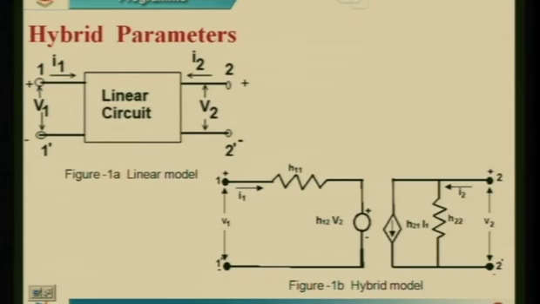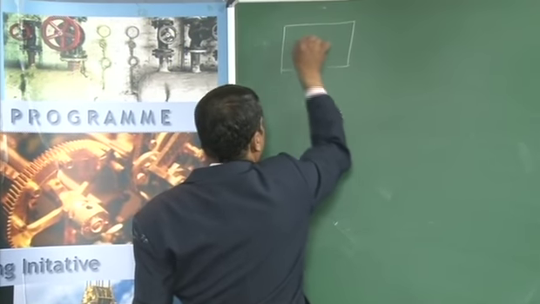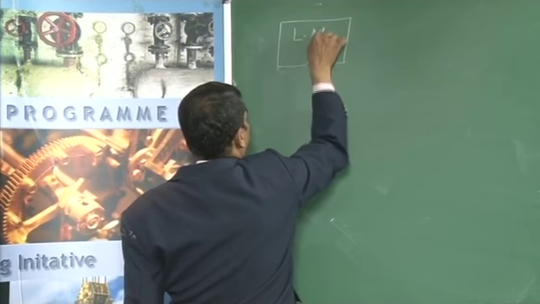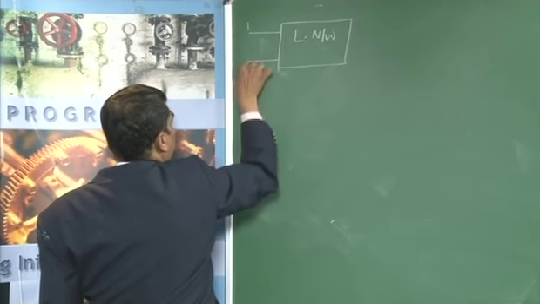Next, another alternate modeling is the hybrid parameters. The RE model is based on the diode equivalent circuit. The hybrid model of any linear network depends on the transistor parameters. Consider this block diagram of a linear network, where we have two input terminals denoted as 1 and 1 dash.